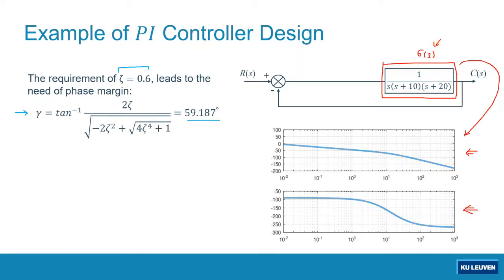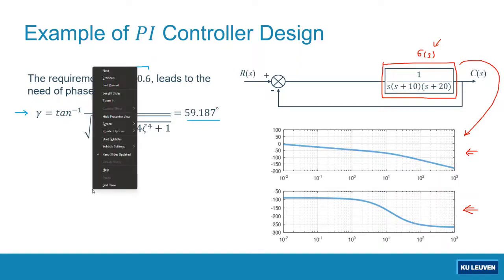As you can see, these are the Bode diagrams. One of the requirements of the PI controller, as we just discussed, is that the phase margin should be equal to 59.187 degrees.